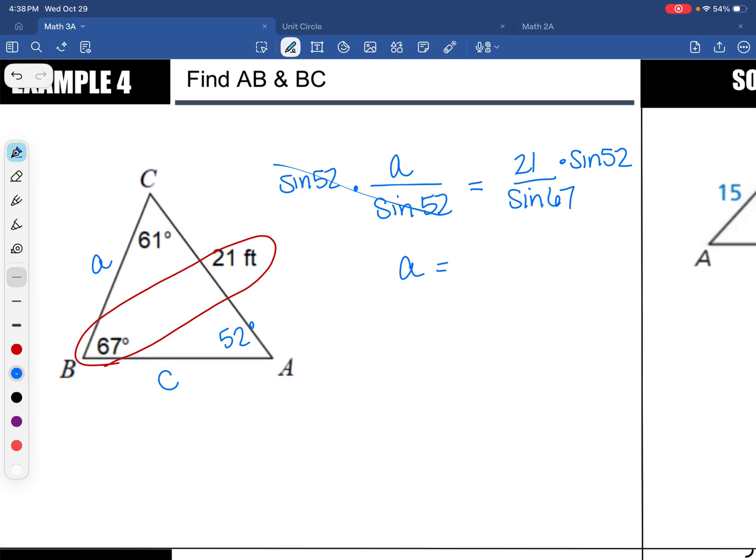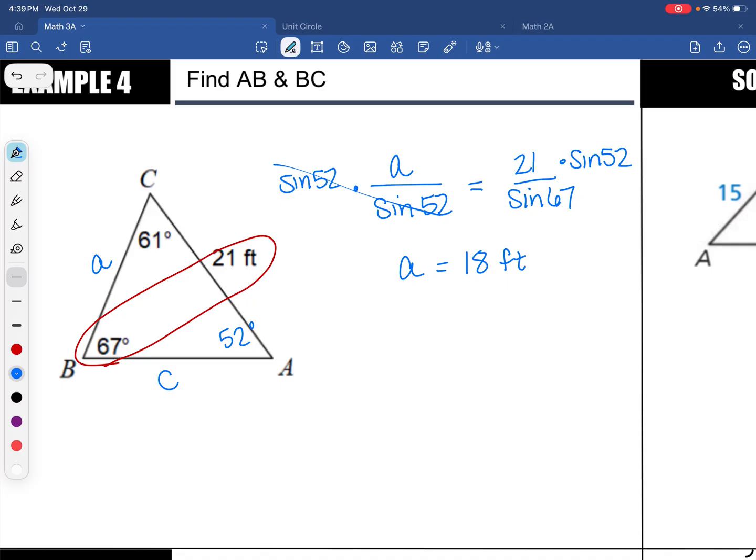I tend to go up and use the repeat function on my calculator so that I can quickly change the numbers and I don't have to do a lot of other work. There. Okay, so I get 17.97, which is basically 18 feet.